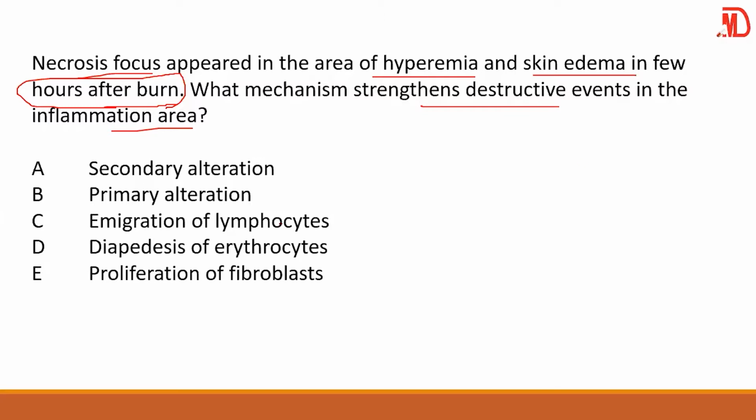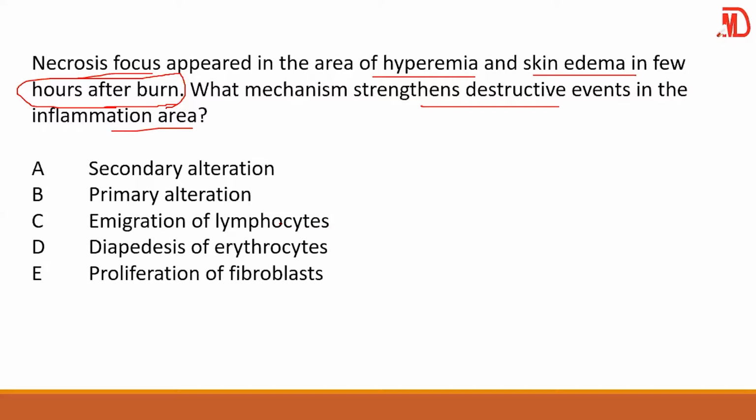So the fundamental difference is that secondary alteration is caused by inflammatory mediators. Now, primary alteration is caused by pyogenic agents, such as maybe bacteria and other stuff.